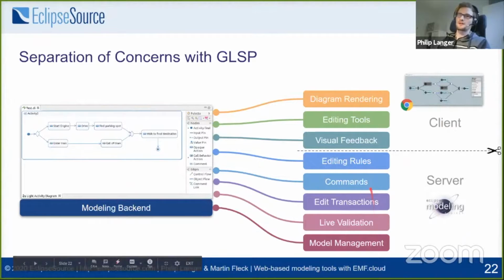Of course, certain elements on the client need to be aware of certain parts of the language know-how. So for instance, the visual feedback needs to be aware of certain aspects of the editing rules to, for instance, show the user directly whether an operation can be applied in a certain context or not.